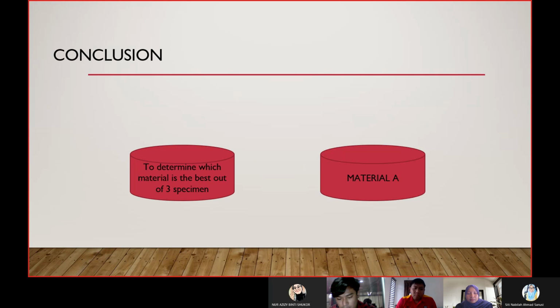And also from the data obtained from the investigation, it is the best with no leaking, it is easy for the driver to turn, and the effect on normal steering is easier, and it is the best component using less force. So that's all from us. Thank you.